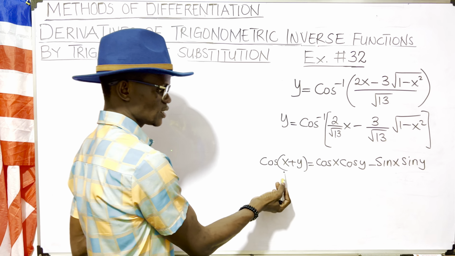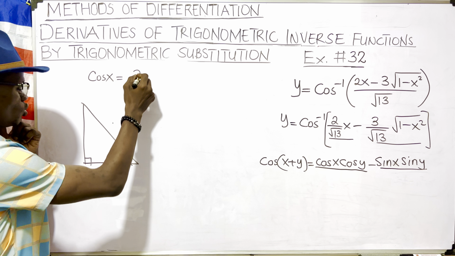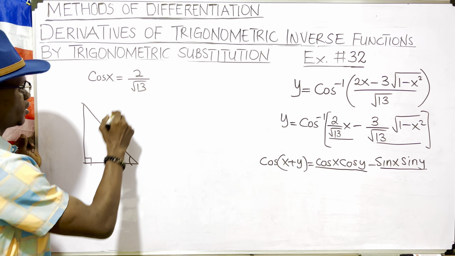Now, from the red triangle, this is x, for instance, x degrees. Cosine is defined as adjacent side over hypotenuse. So the adjacent side is 2, and the hypotenuse is the root of 13. We can now find this side, which is b. We know that c squared equals a squared plus b squared.